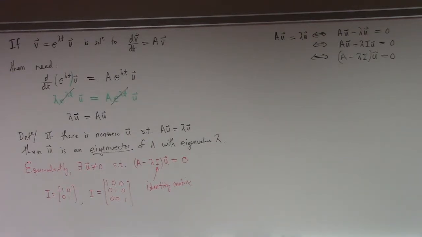So apparently, what this little derivation shows us is if we can find eigenvectors for the matrix A, then we find solutions to the system, right?